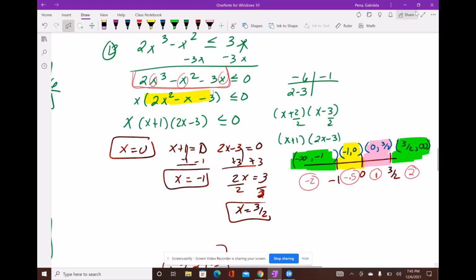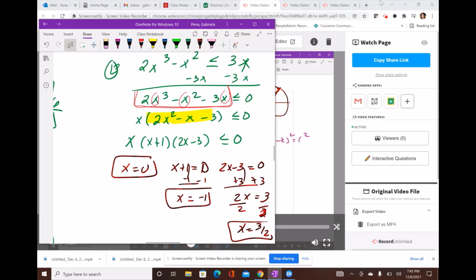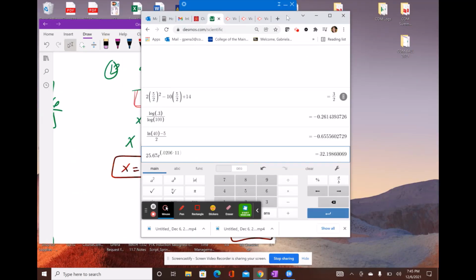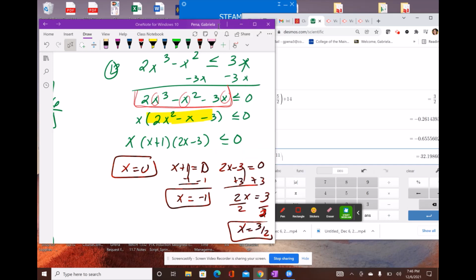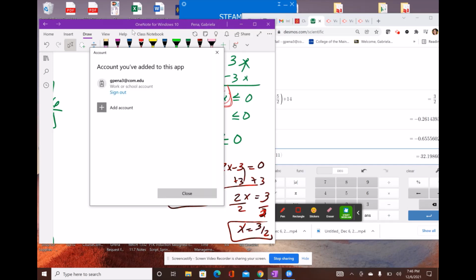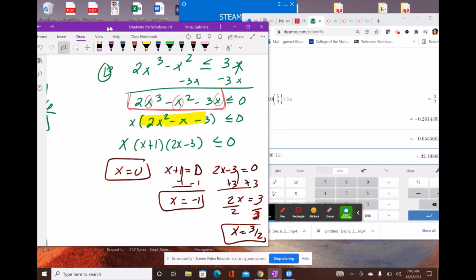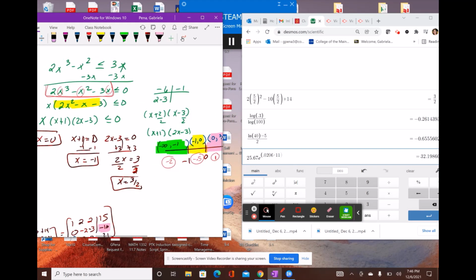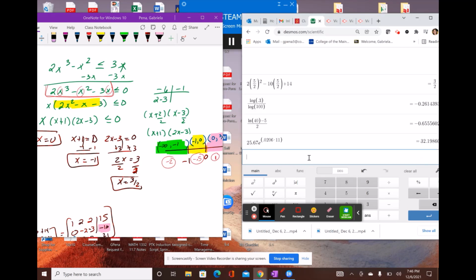So if you have the calculator, let me minimize this. Okay, so you have the equation.